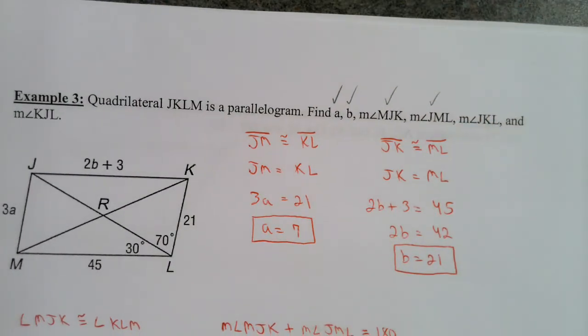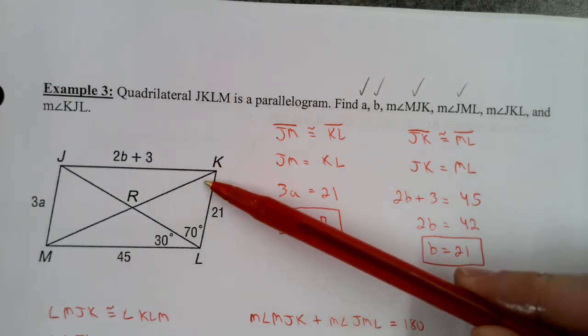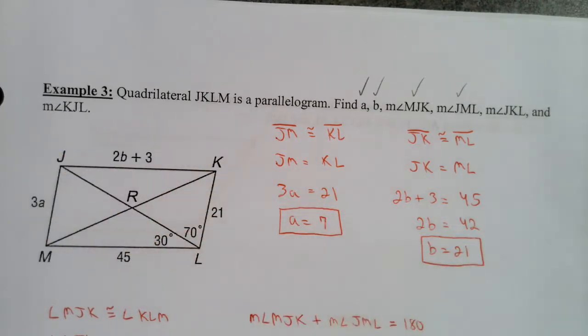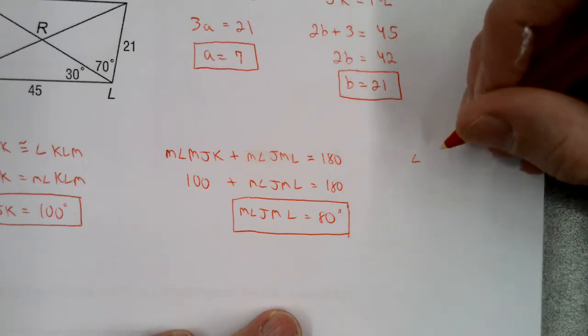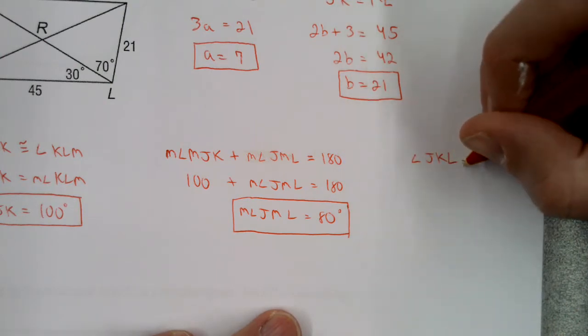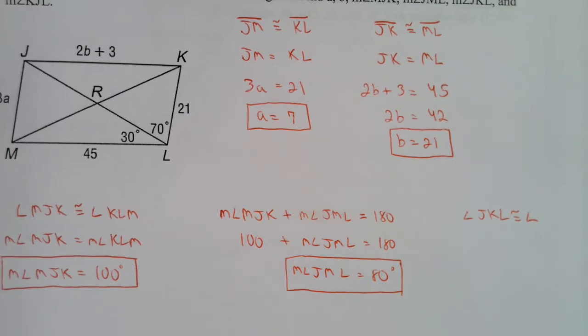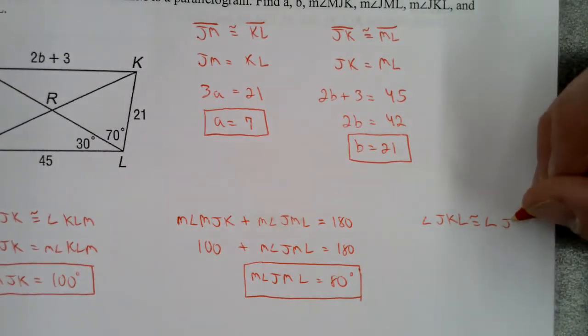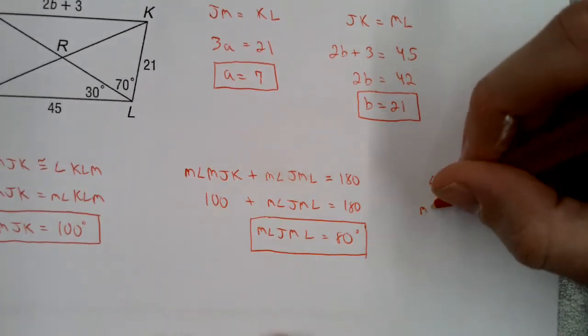Next, we need JKL. JKL is up there. That's congruent to JML. It's congruent to the angle we just got. So let me just write down what I'm doing, that way you see. Angle JKL is congruent to JML. That means that their measures are equal.